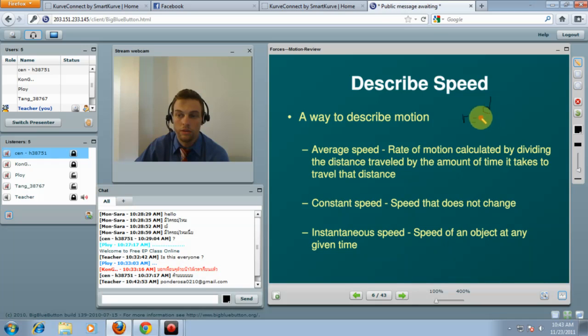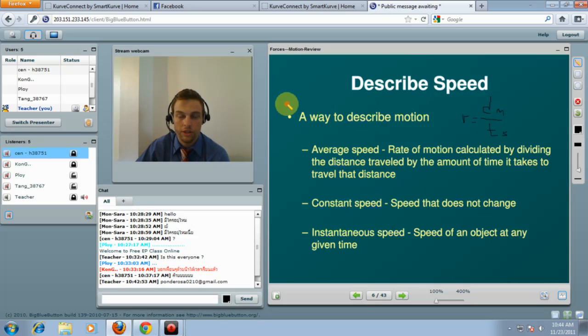Before we did acceleration, which is velocity; this is speed, which is different. Speed is just the distance, which could be in meters, over time, which could be in seconds. For distance we use the meter, the kilometer, or the millimeter, and time is seconds or hours.